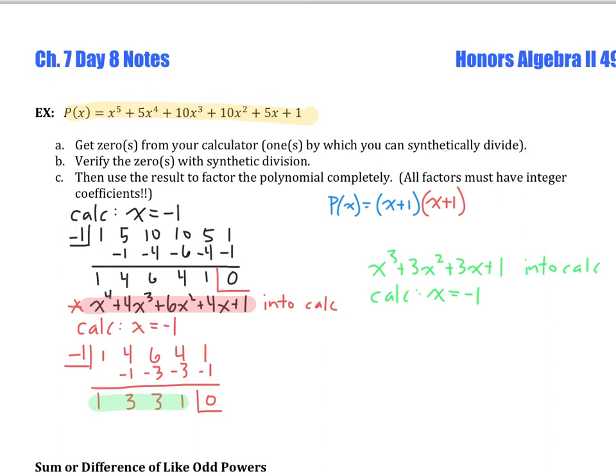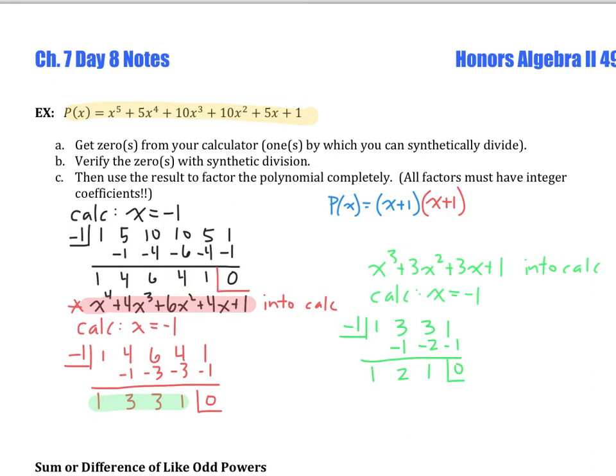So now we're going to use synthetic division another time with those green coefficients. So 1, 3, 3, 1. And we whittle it down. Bring the 1 down, multiply to -1, add to 2, multiply to -2, add to 1, multiply to -1, and we get 0. That's good.